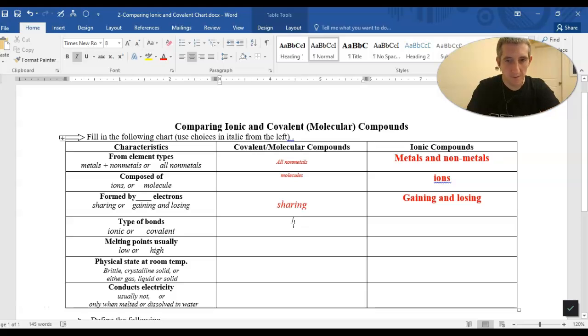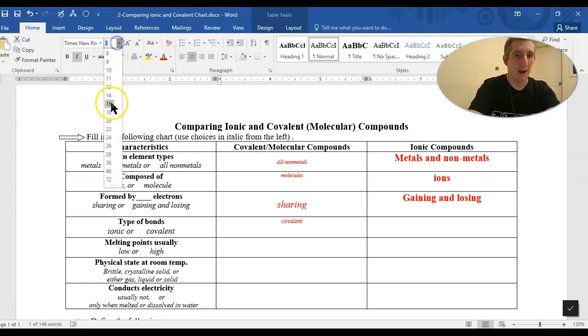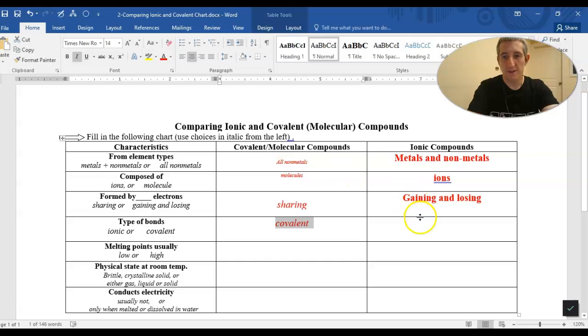Types of bonds, and so these molecular compounds, covalent compounds, have covalent bonds. So let me up those sizes. Thanks for your patience. Then over here, what type of bonds hold together ionic compounds? Ionic bonds. So not too surprising there.